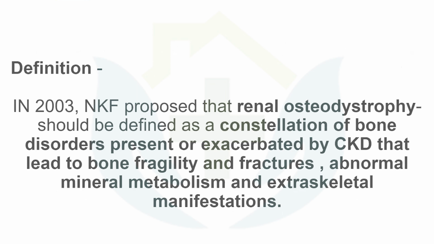So let us see the definition of renal osteodystrophy and CKD-MBD. Renal osteodystrophy was defined by the National Kidney Foundation in 2003 as a constellation of bone disorders present or exacerbated by CKD that lead to bone fragility and fractures, abnormal mineral metabolism, and extraskeletal manifestations.